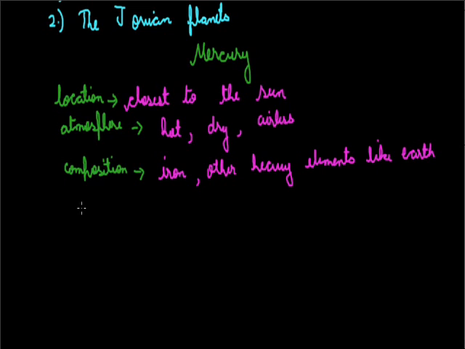It is visible before sunrise or immediately after sunset. Due to its visibility during these particular times, it is also known as morning or evening star.